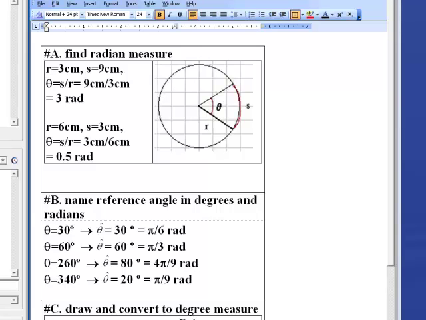Pi over 4, well, we know that that is 45 degrees. 2/3 pi, so we multiply that with 180 divided by pi. The pi cancels. 2/3 of 180 degrees is 120 degrees.